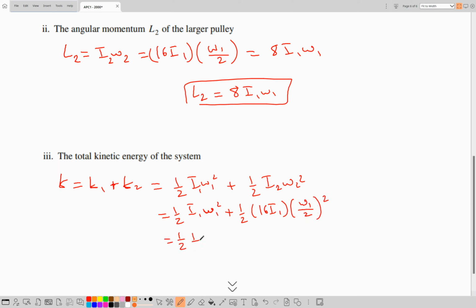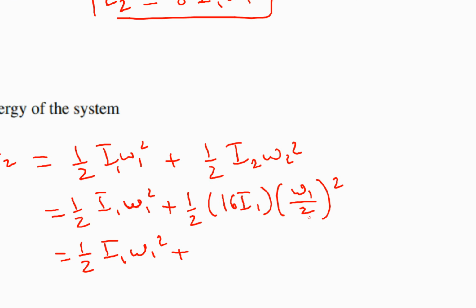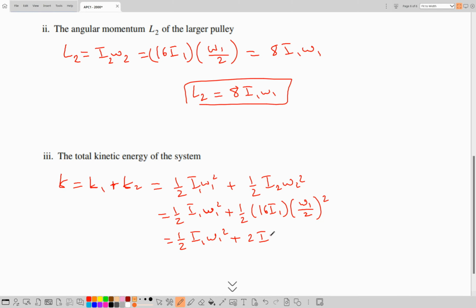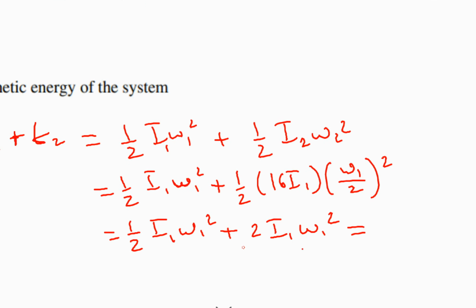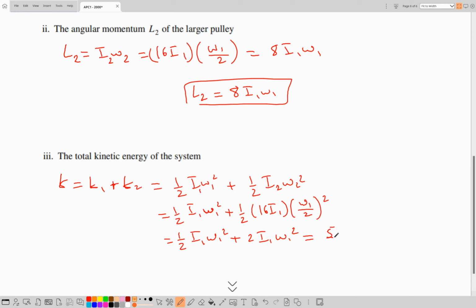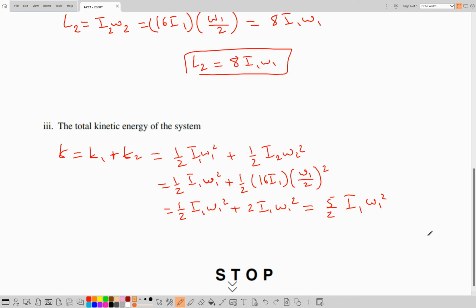That would be half I1 omega 1 square plus, now here you would have over 4, 16 over 4, that would be 4, 4 over 2, that would be 2. So 2 plus half, that would be 5 over 2. Then in this case the total kinetic energy of our system is given by 5 over 2 I1 omega 1 square.